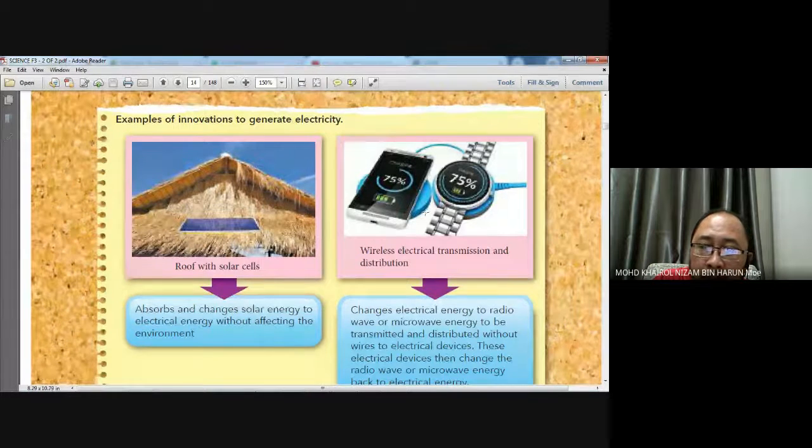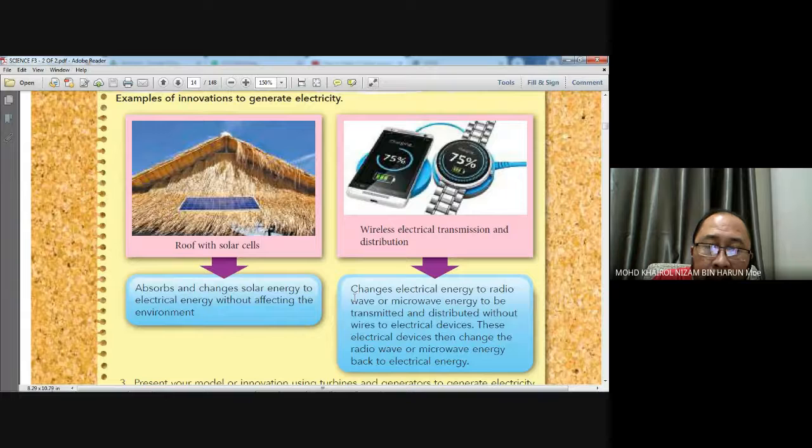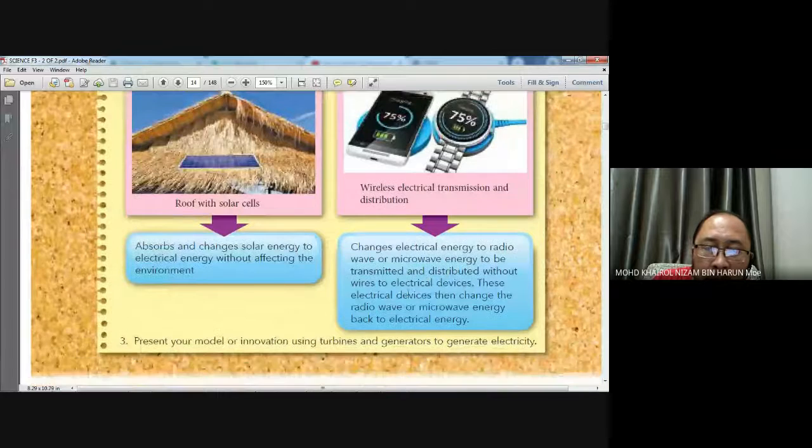For example, this one, wireless electrical transmission and distribution, where energy changes to radio wave or microwave energy to be transmitted without wires to electrical devices. You can read on your own for this one.